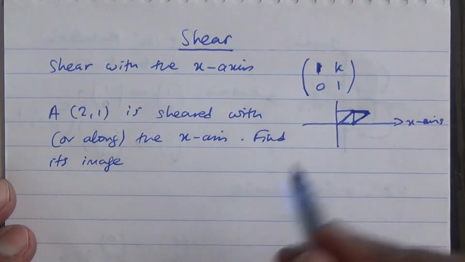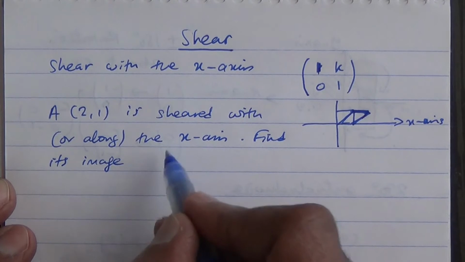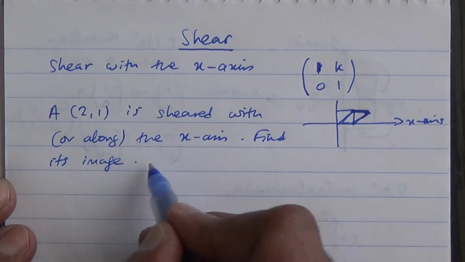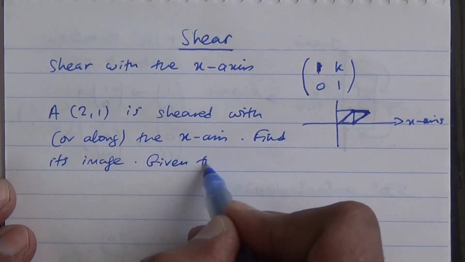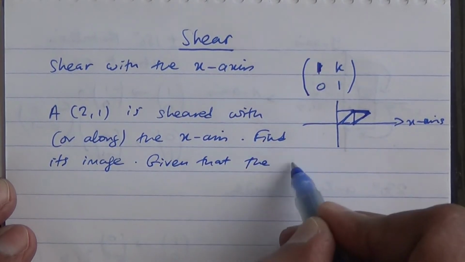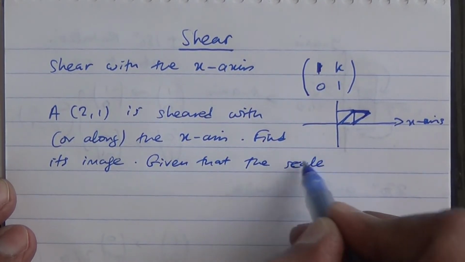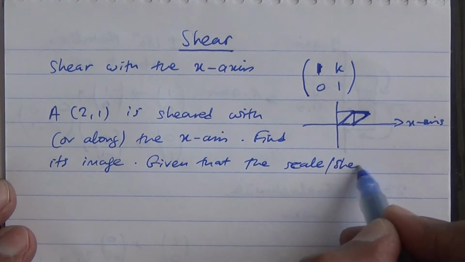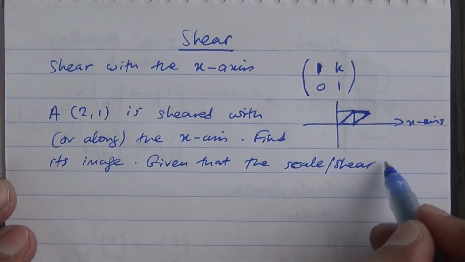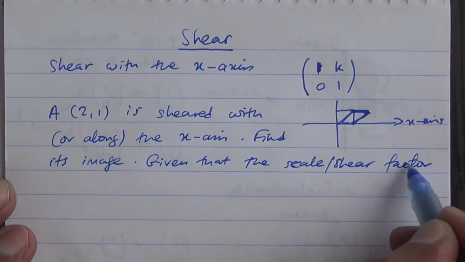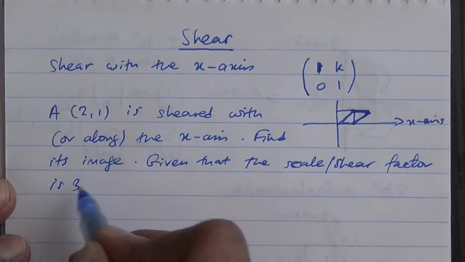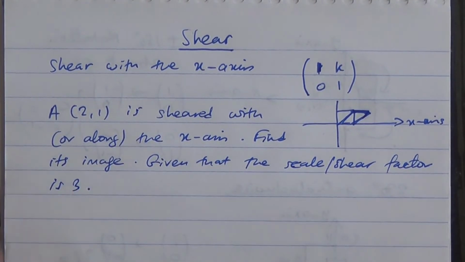This is your matrix. Given that the shear factor is 3, how are you going to find its image?